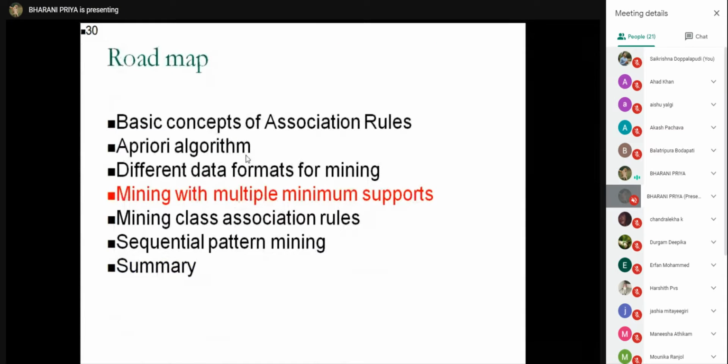Mining with minimum support. See, till now, when you are mining this data, in data mining or web mining, whatever examples you have taken, what type of examples are there? Day-to-day groceries that we frequently purchase.